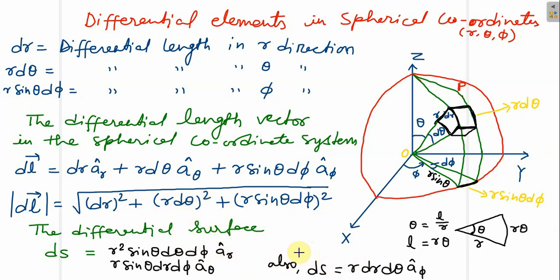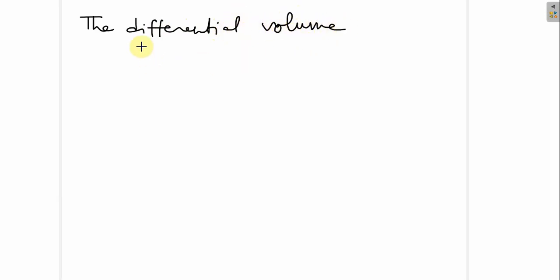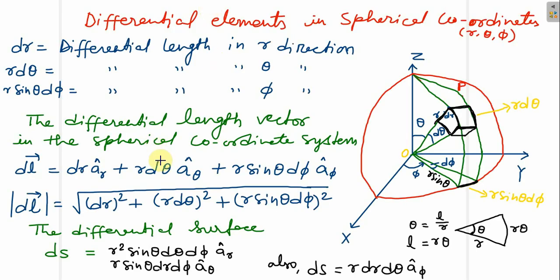Okay, and the differential volume, we know, for volume, length into breadth into height, that is dr, r d theta and r sine theta d phi, all multiplied together. So the differential volume dV can be written as just multiplying all three: dr, r d theta, r sin theta d phi.